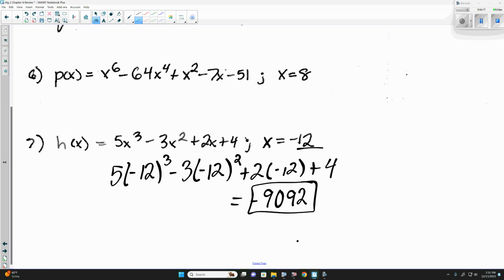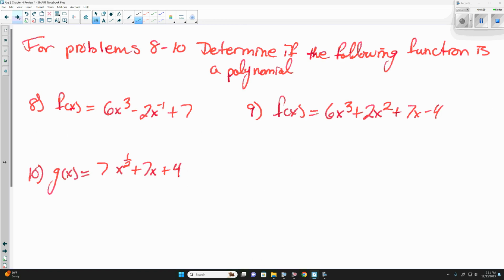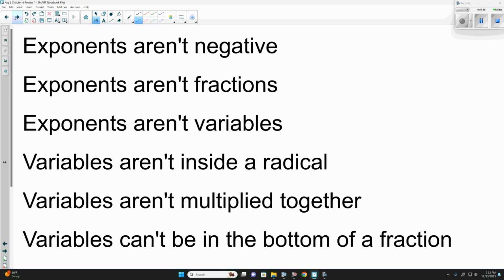Any other questions on 1 through 7? Eight, 9, and 10. Determine if the following function is a polynomial. So to determine if they're polynomials, they've got to not have any of the following traits.